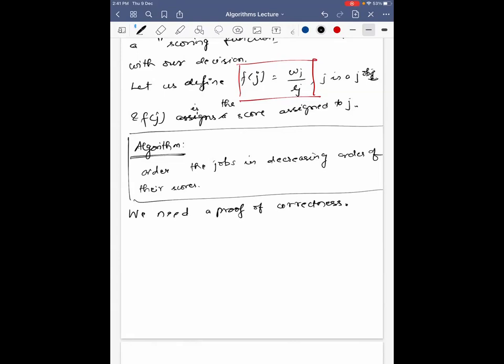Okay. So in order to prove its correctness, we'll use contradiction. Let us first of all fix an instance of the above problem.